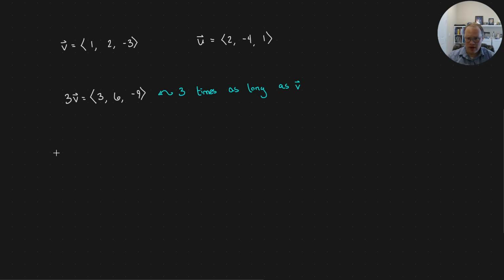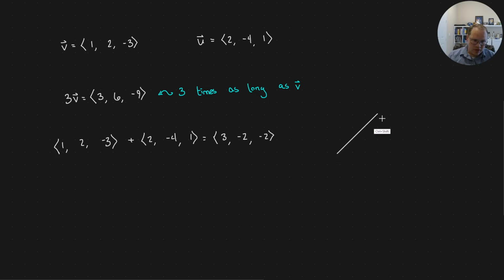I could add 2 vectors together, just as before. As before, you just add the corresponding components. So 1 plus 2 is 3. 2 plus -4 is -2. And -3 plus 1 is also -2. Okay? The interpretation of vector addition is exactly like it was before.